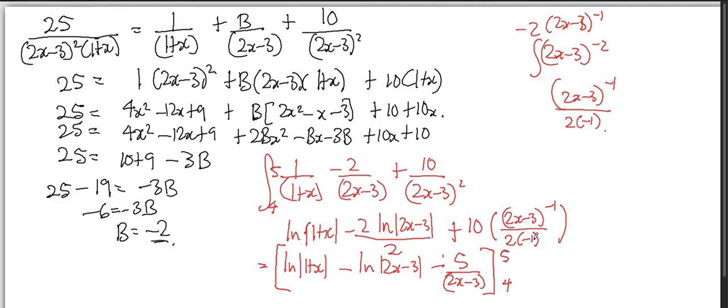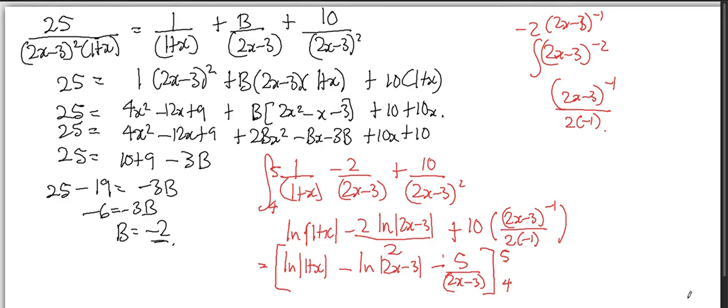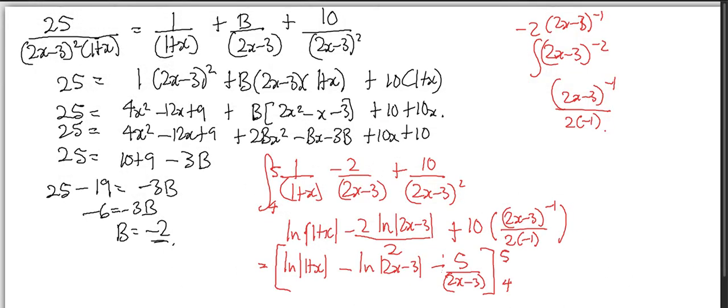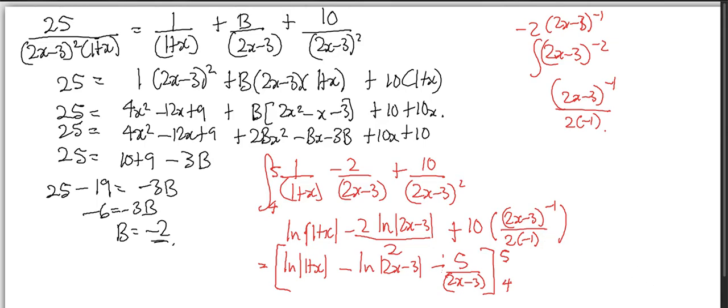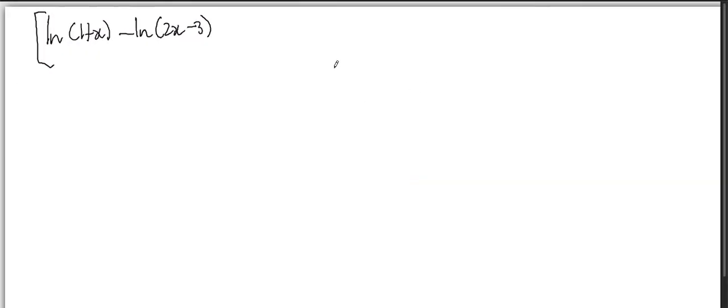Let's look at that. ln (1 plus x) minus 2 ln (2x minus 3) minus 5 over (2x minus 3), and the limit is 4 to 5.